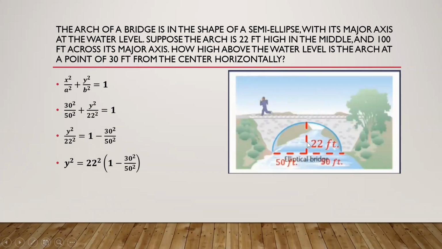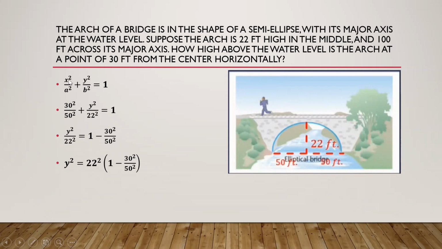So from (0, 0), to find that, we first have to write down x squared over a squared plus y squared over b squared equals 1 as our guide. Since we have the given values of x, a, and b, we can easily get our y, which is the height, because y is the variable for height.